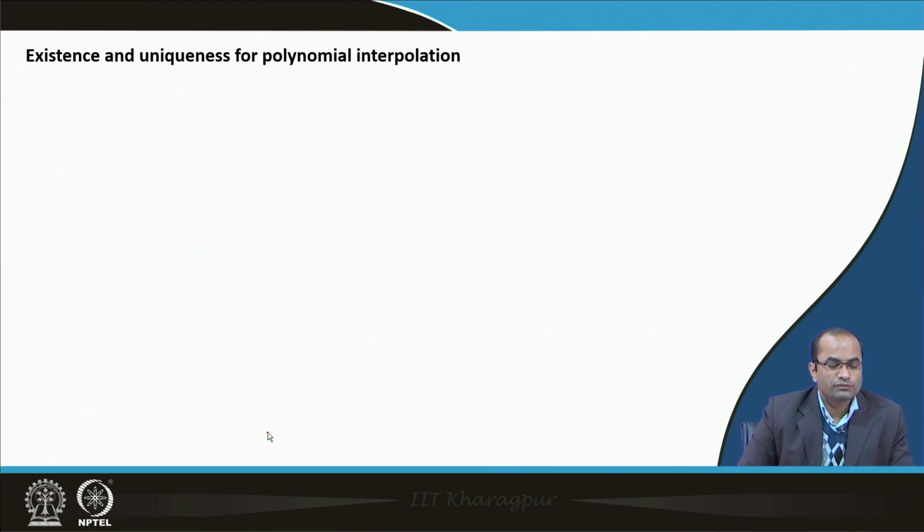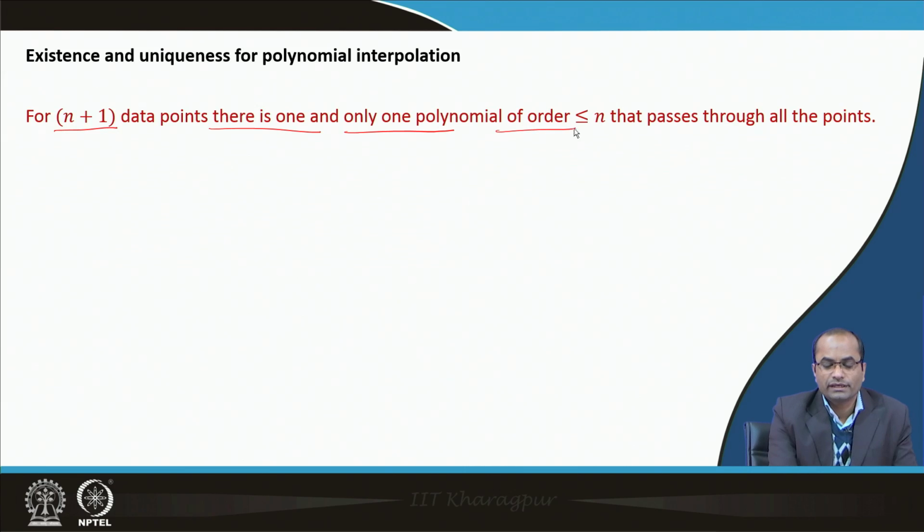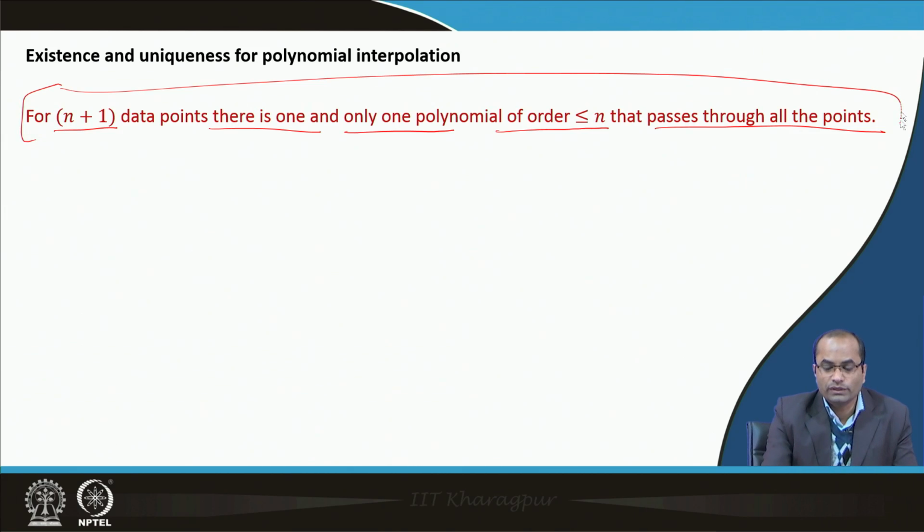So, the first question is whether, given data points, the polynomial which we want to fit is unique, and is it always possible to construct such a polynomial. For n plus 1 data points, there is one and only one polynomial of degree less than or equal to n that passes through all the points. That is what we are going to prove here in this result. So, that is the main result, that it exists and it is unique.